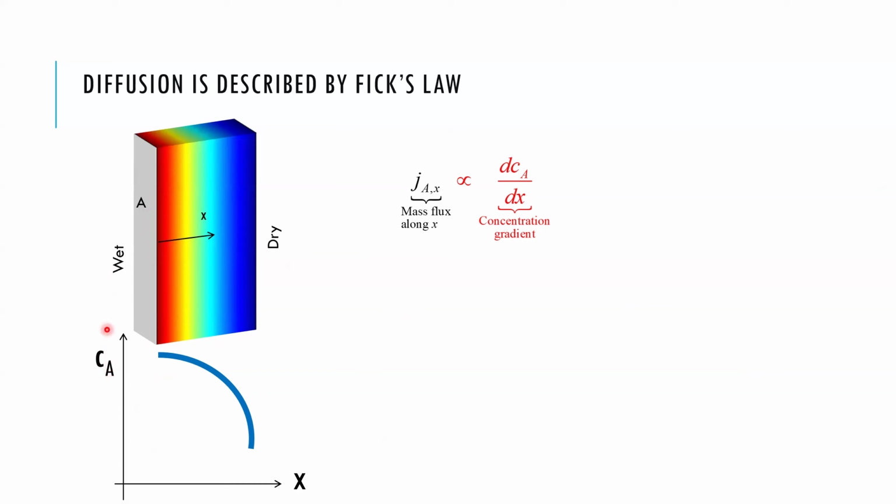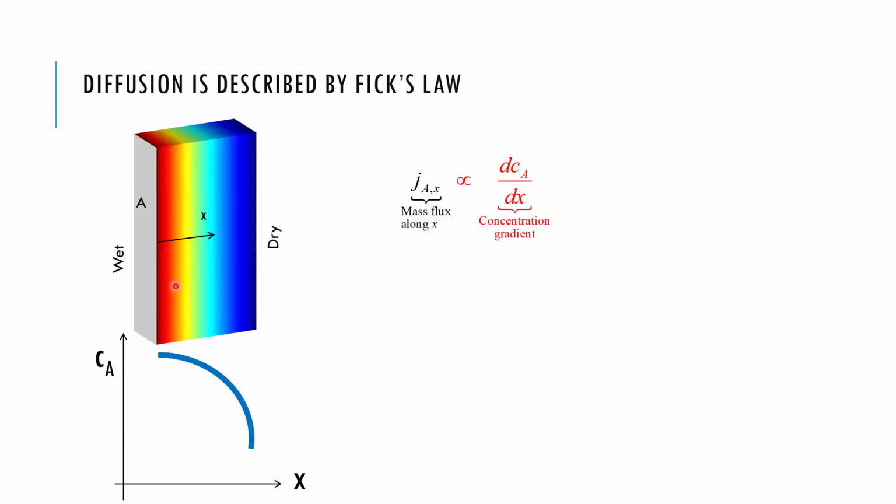Sorry, there are two different A's here. This A is for the cross-sectional area, and here the concentration of whatever stuff is diffusing, let's call that A. So the concentration has this kind of a profile. On this side it is more and this side is less.